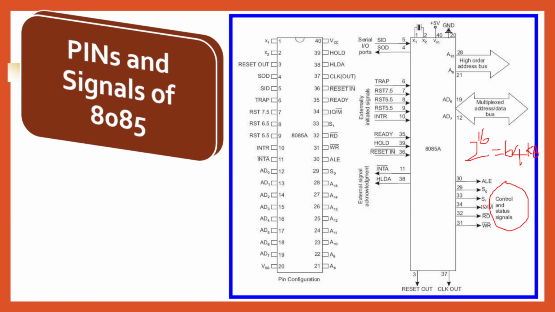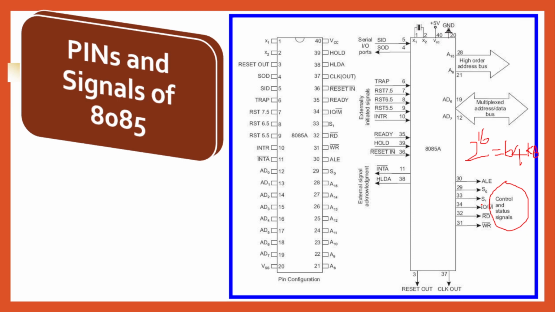Read, write, IO/M: the microprocessor will use the same address and data bus for both IO devices as well as memory. To differentiate whether it is currently accessing IO or memory, it uses IO bar M bar. If the pin is 1, it means IO device access, 0 means memory access. Then we have S0, S1. These two are status signals.